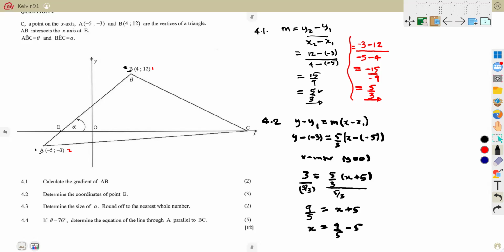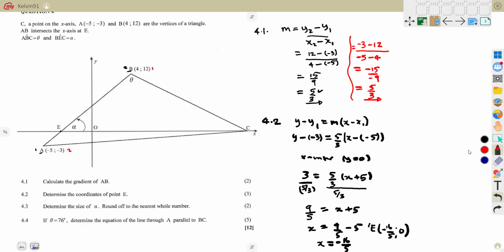So the x there is going to be equal to minus 16 over 5. Therefore, the question wants the coordinates. We can now write the coordinates of E as minus 16 over 5, then 0 as the y coordinate.